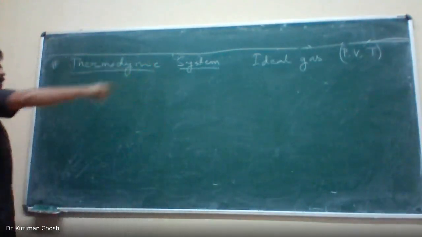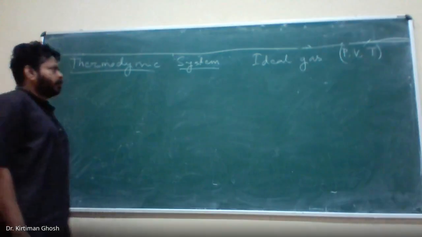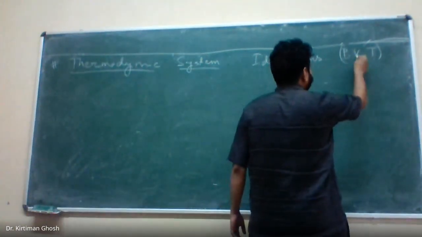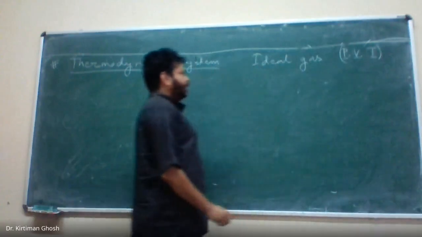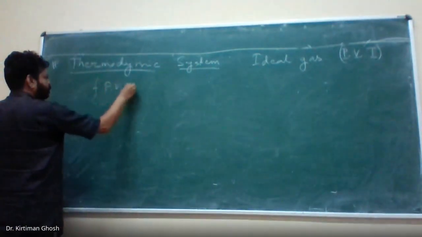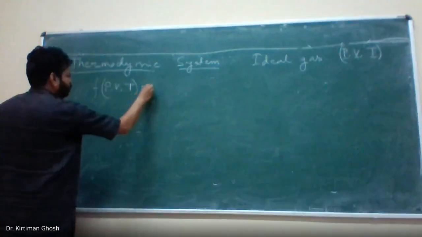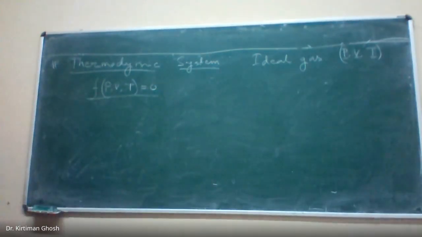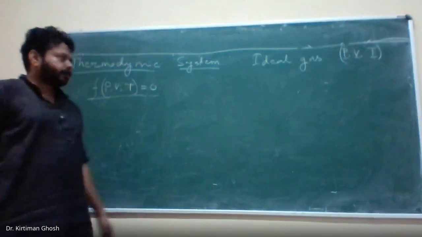In the context of the ideal gas, you know that there exists a functional relation between P, V and T. That relation is known as the equation of state for the system.